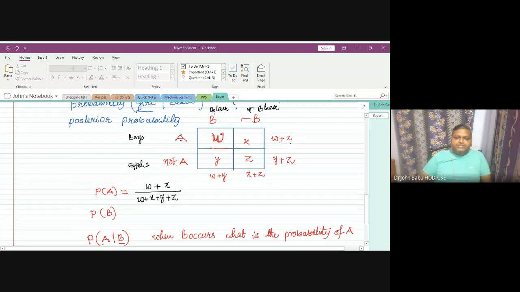So based on that, the probability of A is the W A value along with B. When B occurs, the A value is W plus not B. Those are also A. So W plus X by the total W plus X plus Y plus Z. What is the probability of B?